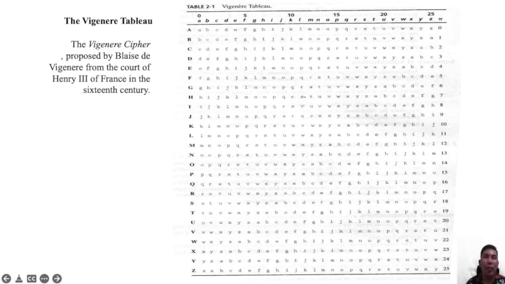Now notice that each row of the table corresponds to a Caesar cipher.